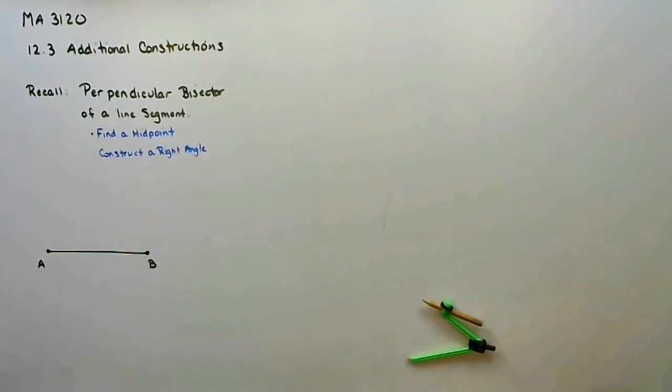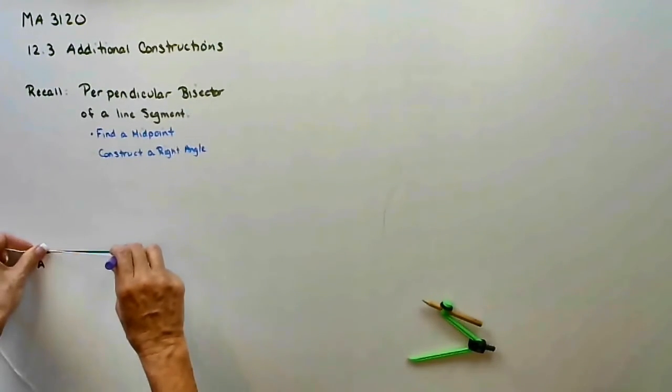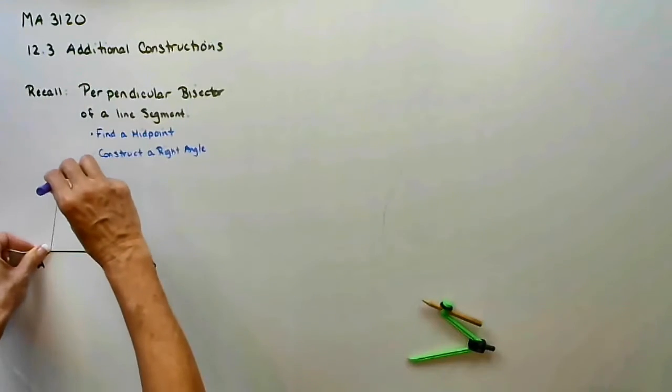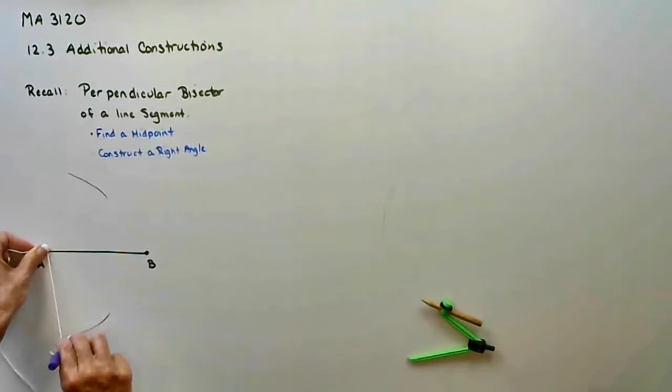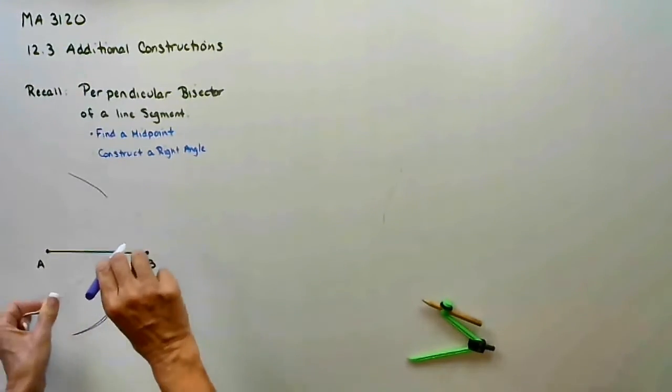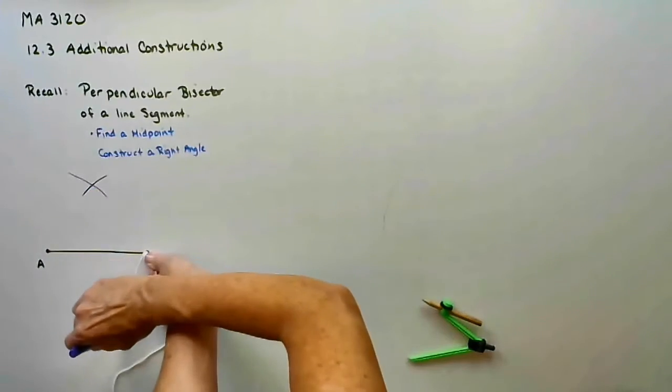So if I take my compass, I open my compass up past halfway, I swing an arc. Now you can either keep it congruent or not. Keep that same measurement, swing an arc.